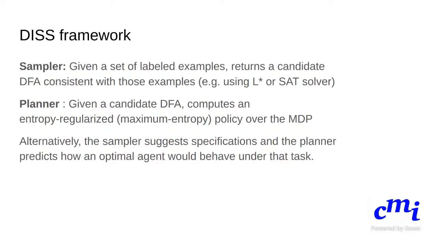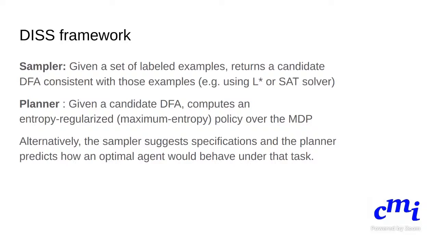There are two components of the algorithm itself. It has a sampler that, given labeled examples, returns a candidate DFA consistent with those examples. I think the explanation of how L star works would have been helpful here.